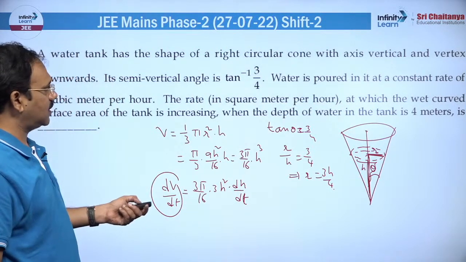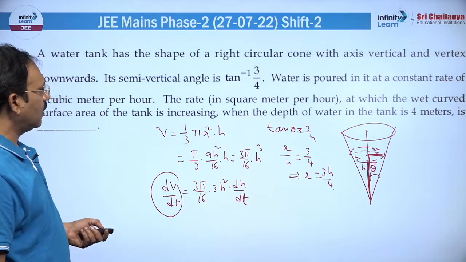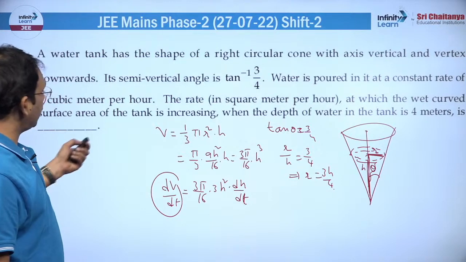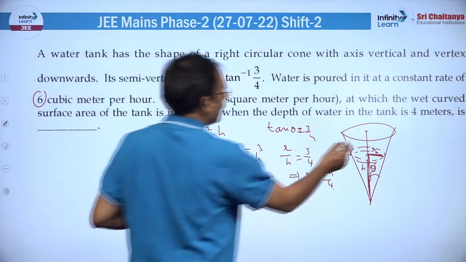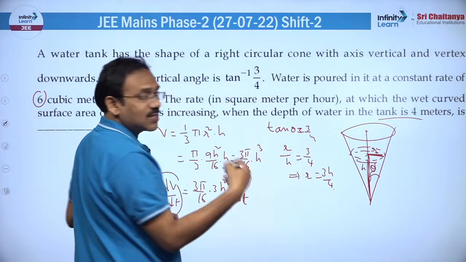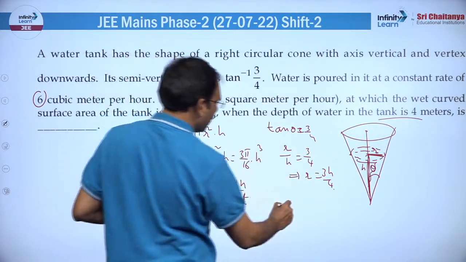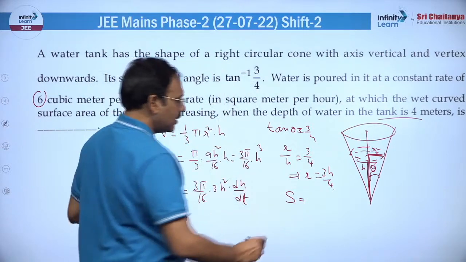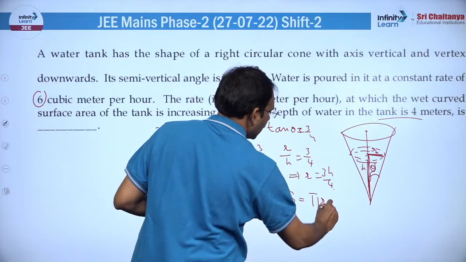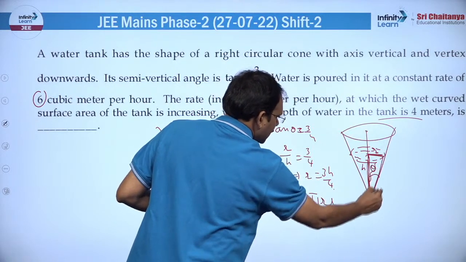Now he is asking at what rate the wet curved surface area of the tank is increasing when the depth is 4. The curved surface area of a cone is pi r l, where l is the slant height.